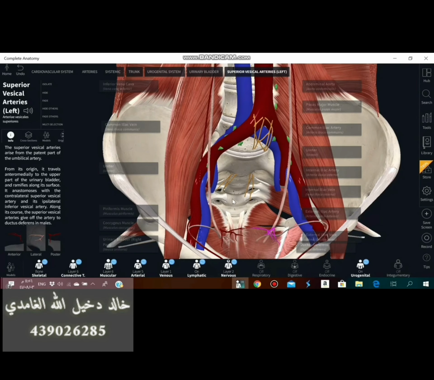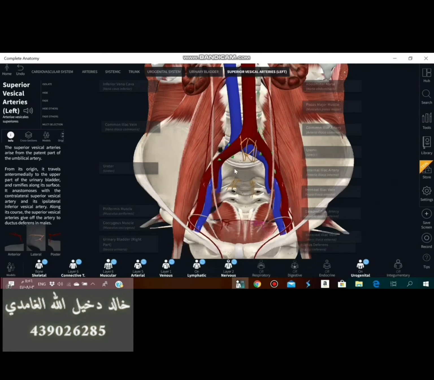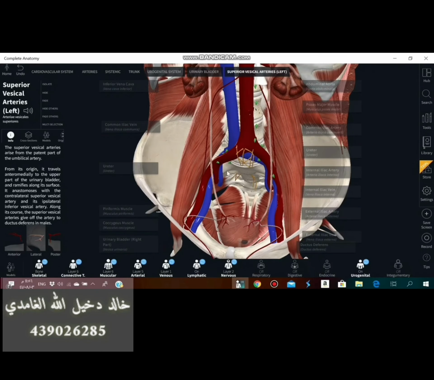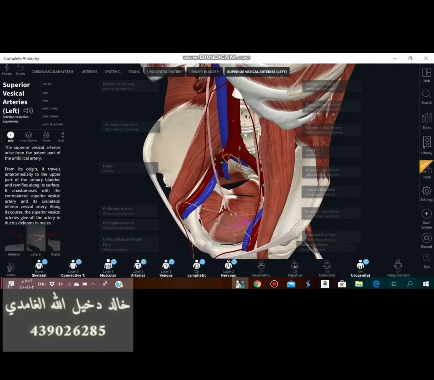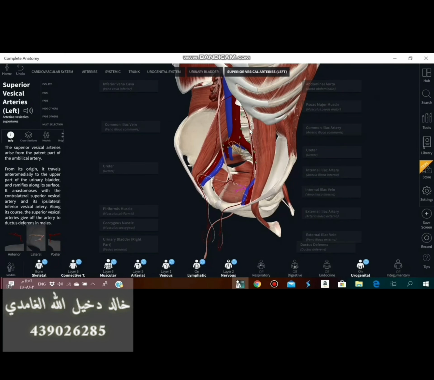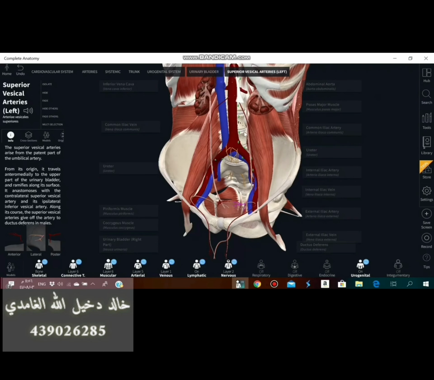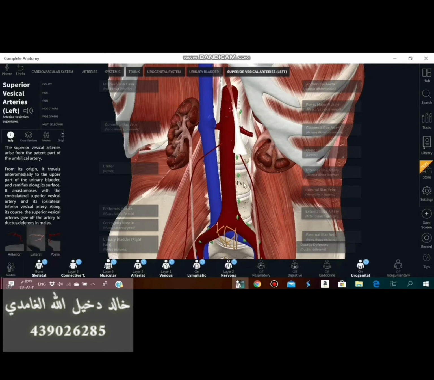What about the lymphatic drainage? The lymph drains to the lateral aortic nodes. Here, the green ones, we call the lateral aortic nodes.